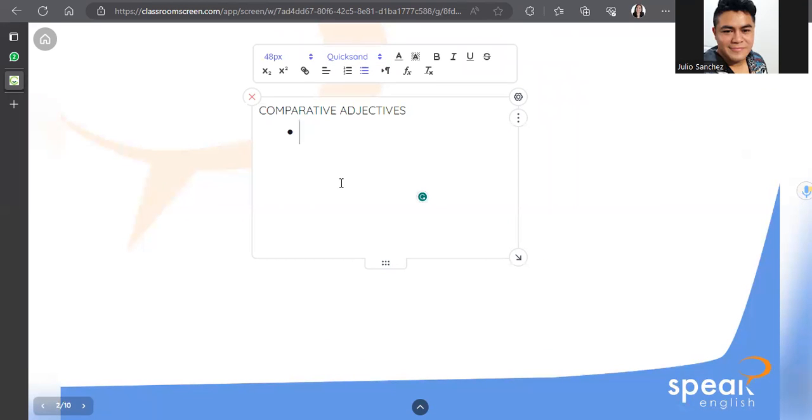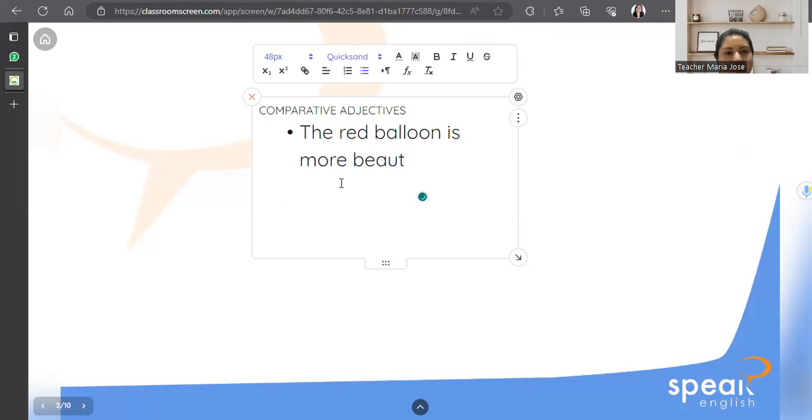The red balloon is more beautiful than the green.